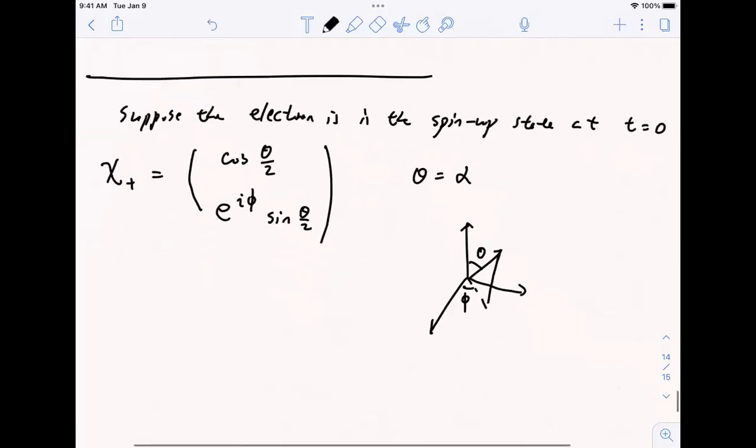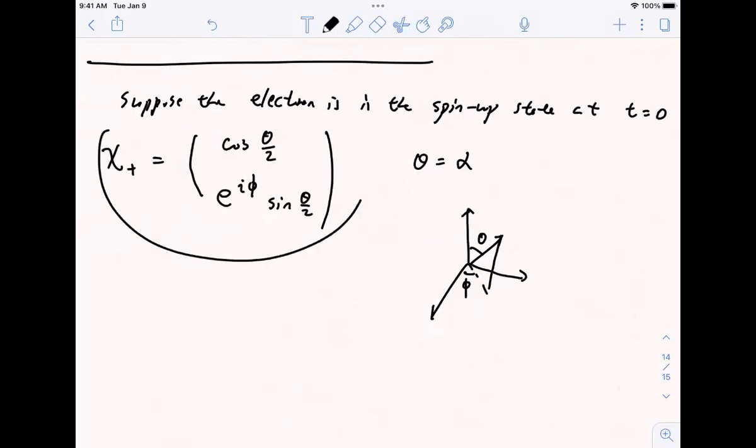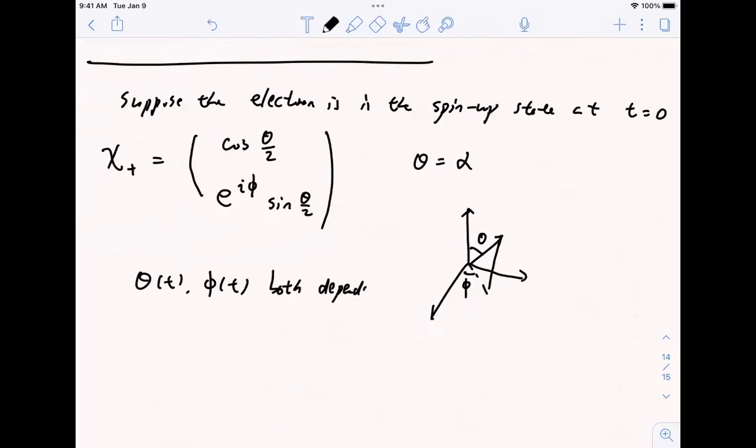This is the spin up state. Both depend on time, because the field is rotating, so this instantaneous state is also rotating.